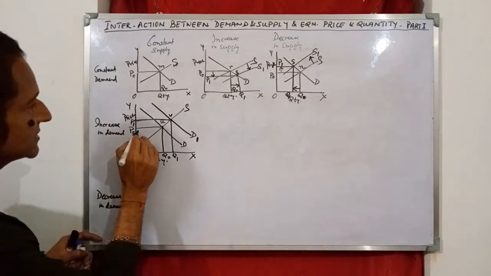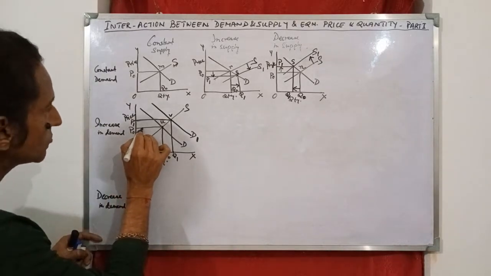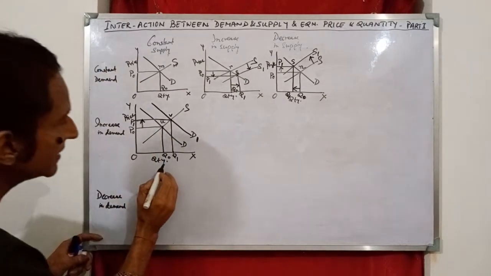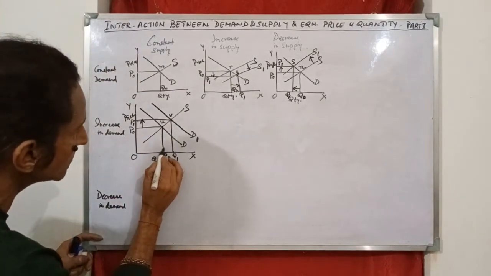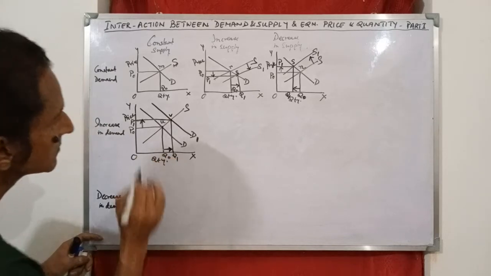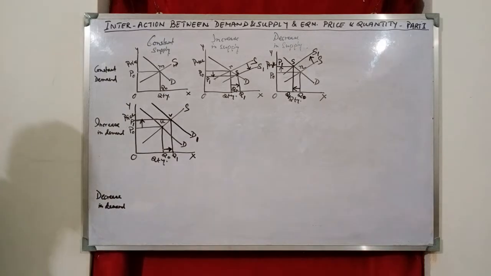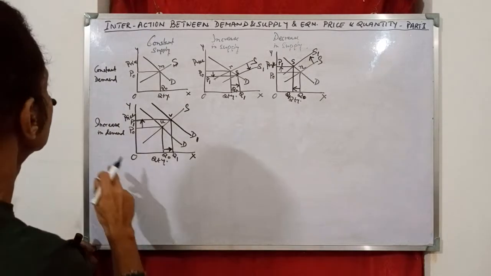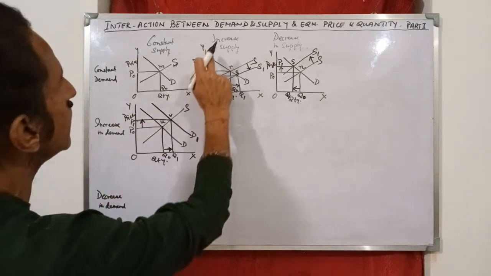So price increases from P sub O to P sub 1. At the same time, quantity demanded increases from Q sub O to Q sub 1. Now, increase in demand and increase in supply.